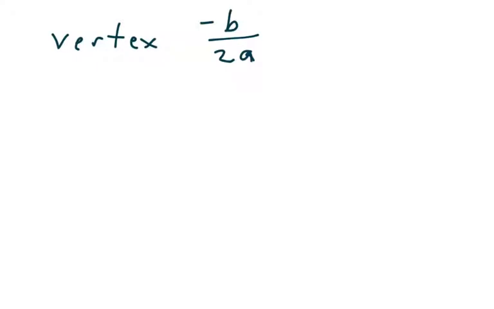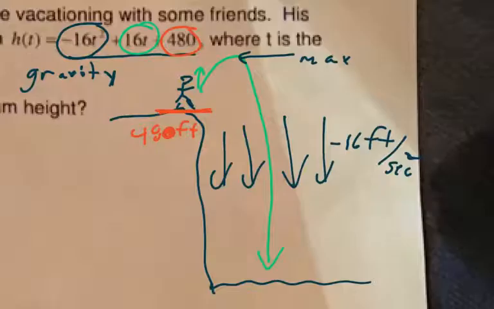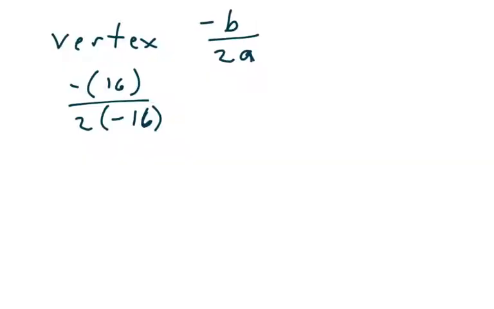So, let's go ahead and do negative b over 2a. I'm going to do the negative of 16 over 2 times negative 16. And again, let's just verify that. We know our b is 16. That's the coefficient of the t in this case. And the t squared coefficient over here is our a, negative 16. Okay, so if you do your math correctly, we'll have negative 16 over negative 32.